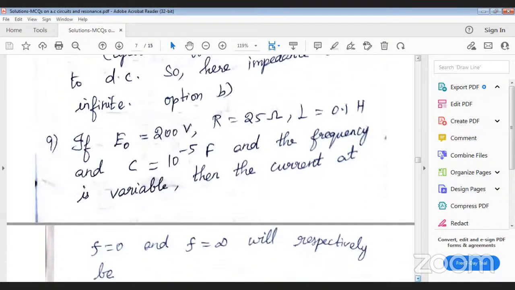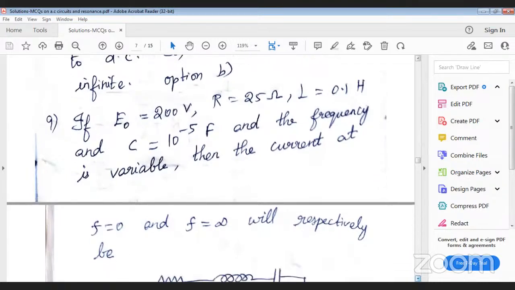Then question number 9. If E naught equal to 200 volt, R equal to 25 ohm, L equal to 0.1 Henry, and C equal to 10 power minus 5 farad, and the frequency is variable, then the current at f equal to 0 and f equal to infinity will respectively be. You have been given the EMF value, resistance value, inductance value, and capacitance value, and you need to find the current at different frequencies.